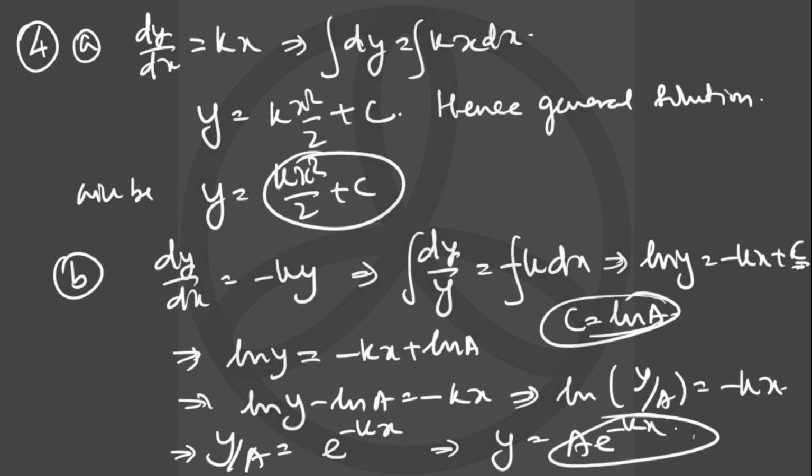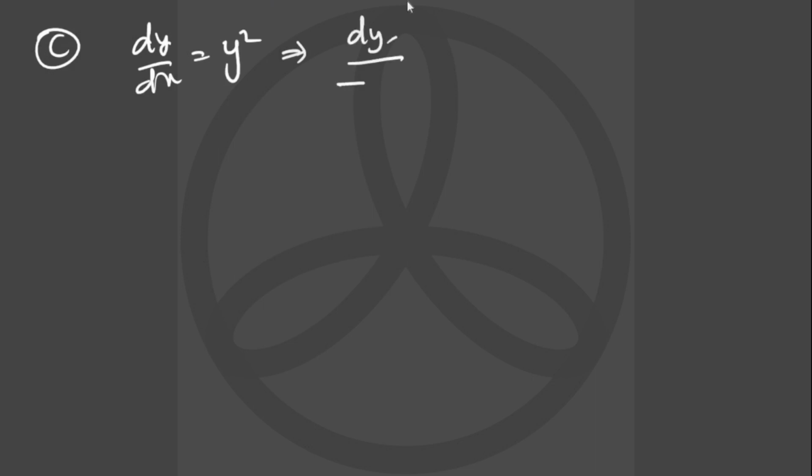Okay. Let us move to the next question, which is C. C is dy oblique dx is equal to y square, and this can be written as dy oblique y square is equal to dx. Apply integration both sides.